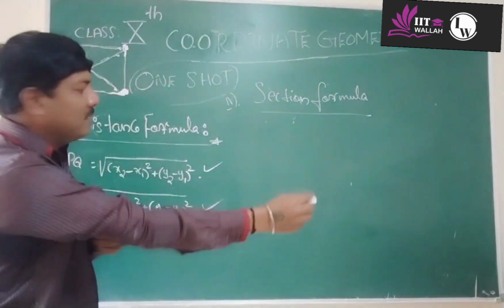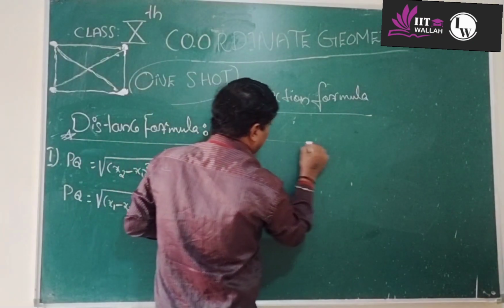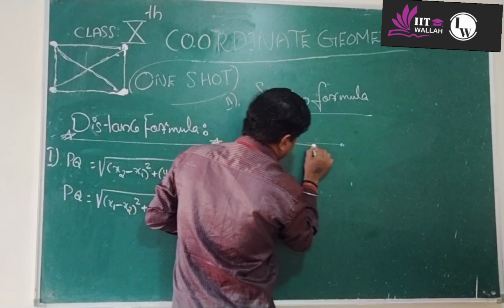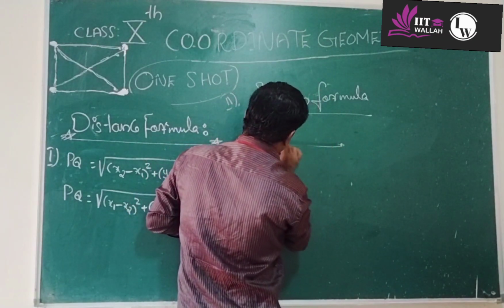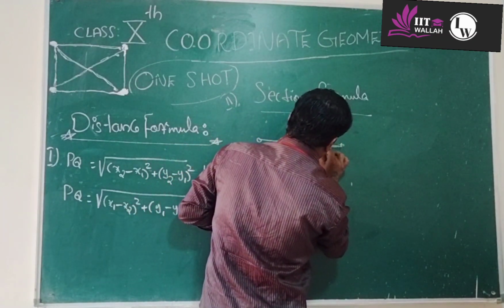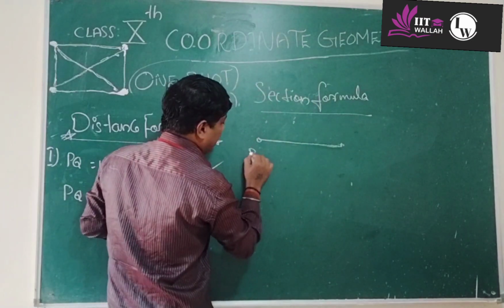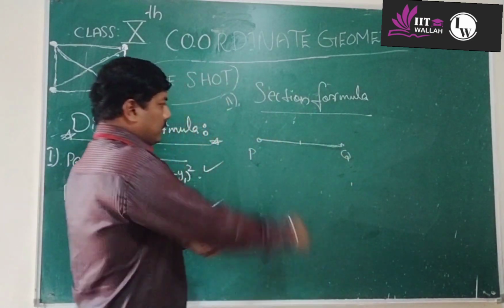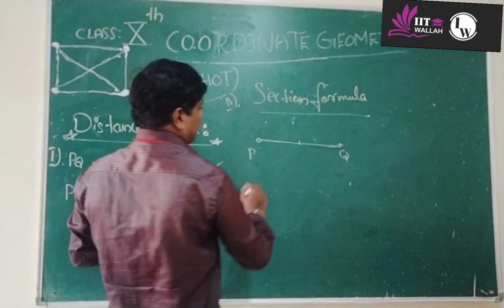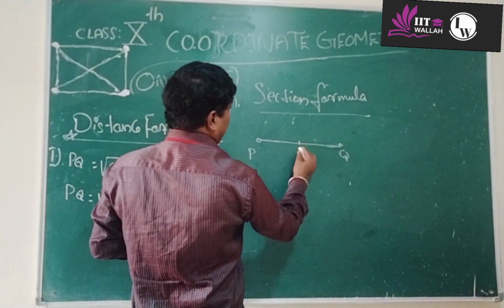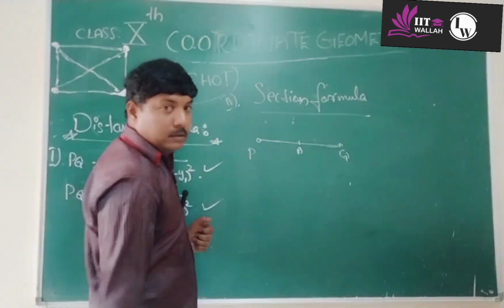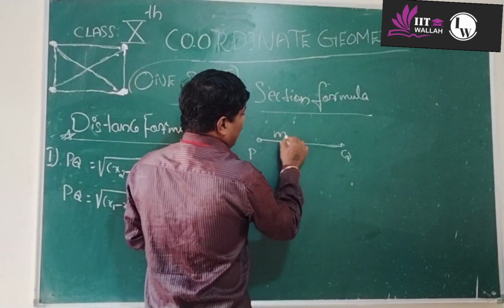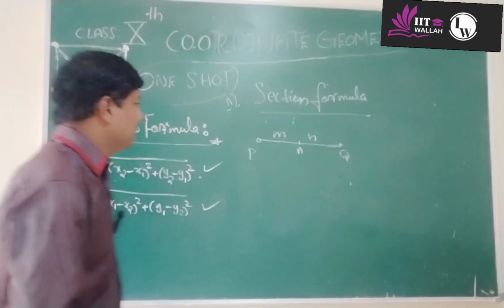Section formula means, suppose there is a line PQ, and a point, any point you can say, A, divides this line in the ratio m is to n internally.